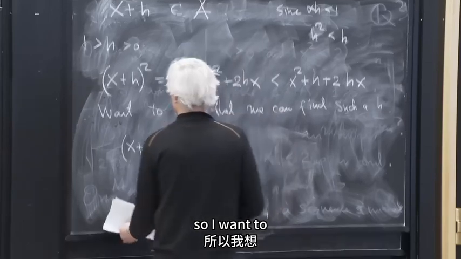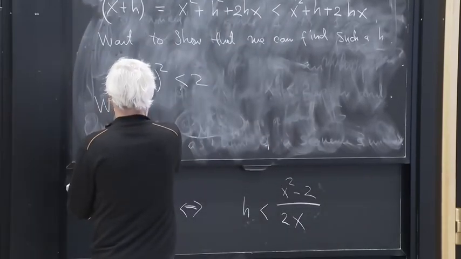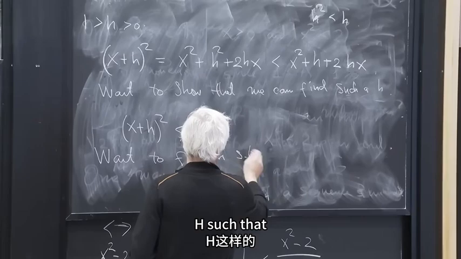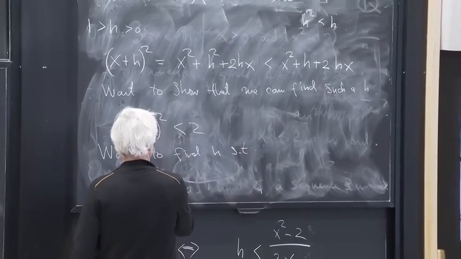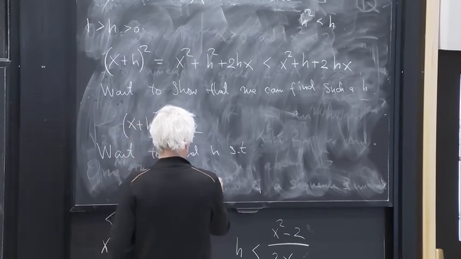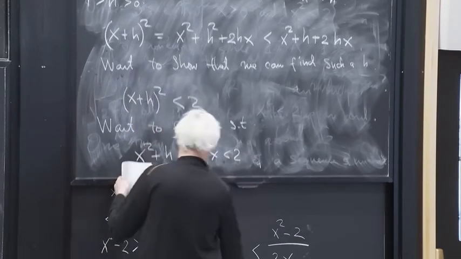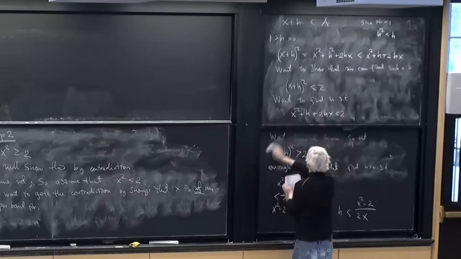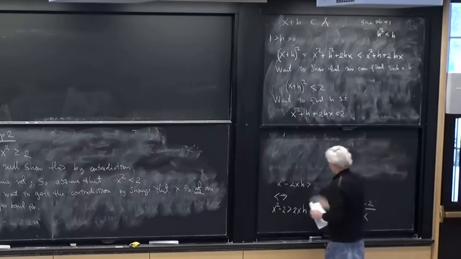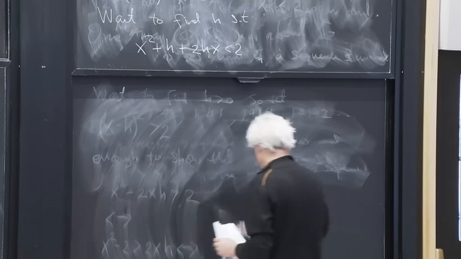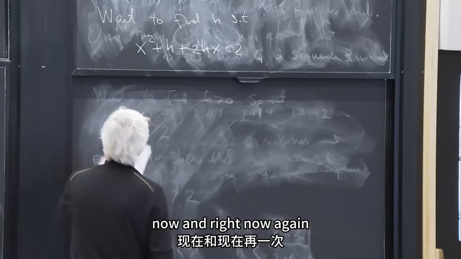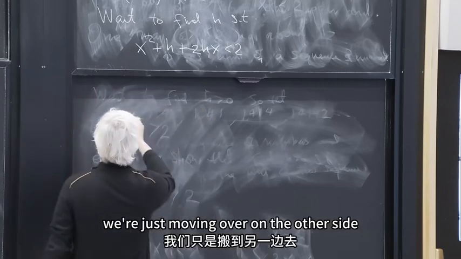So I want to find h such that this thing here is less than 2, right? Now, right, so now again, we're just moving over to the other side.